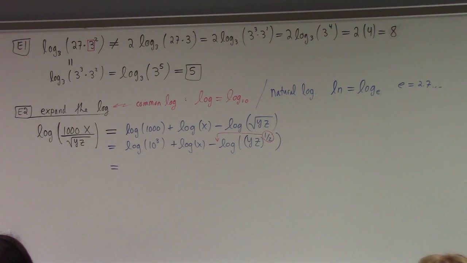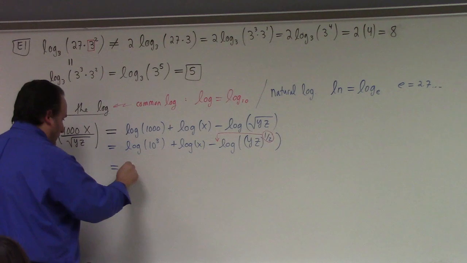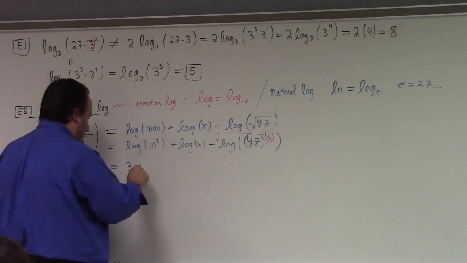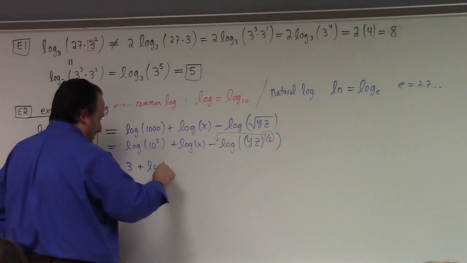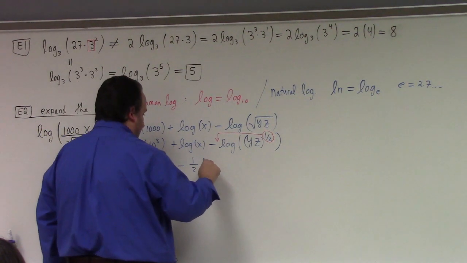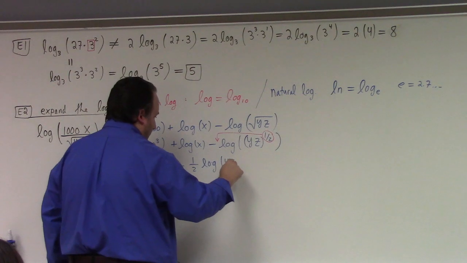That's the pattern. That's just 3. Log of 1,000 is 3. Log of x is what it is, so keep that one. And then we've got minus 1/2 the log of yz.